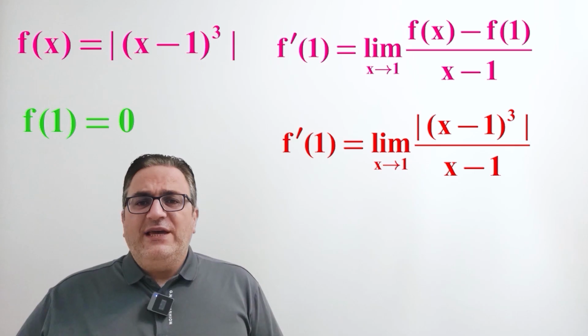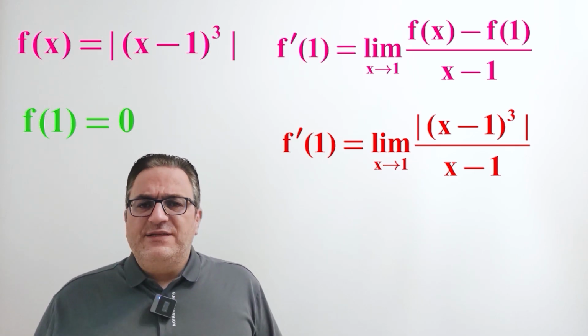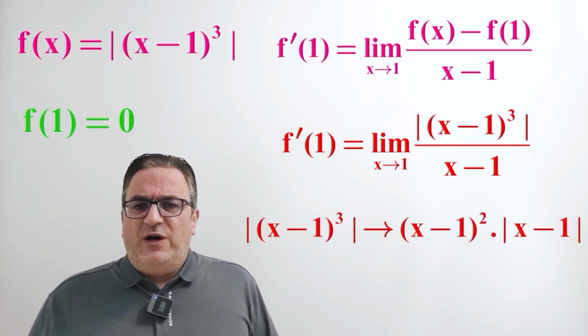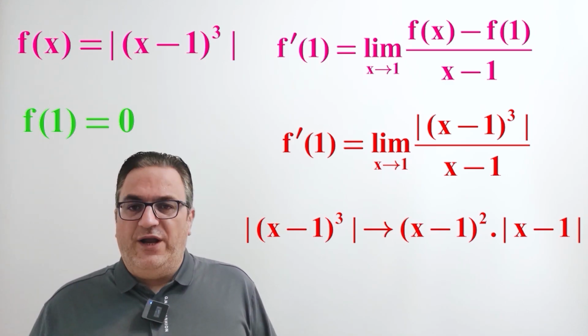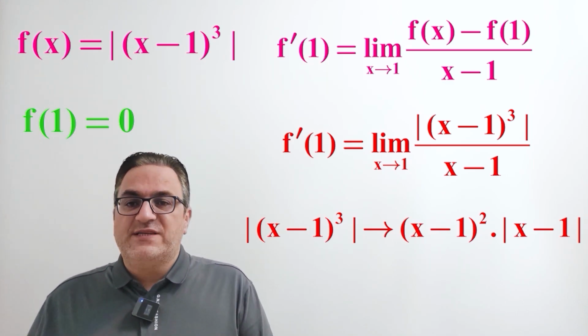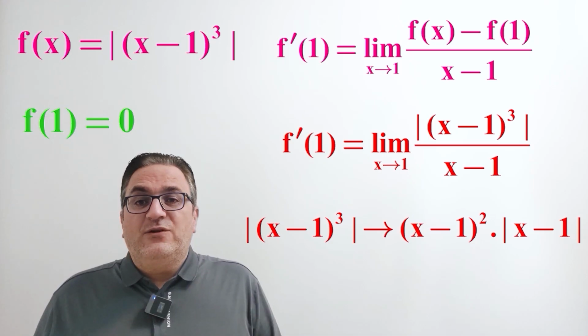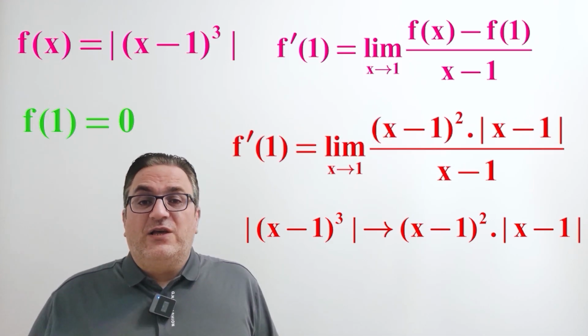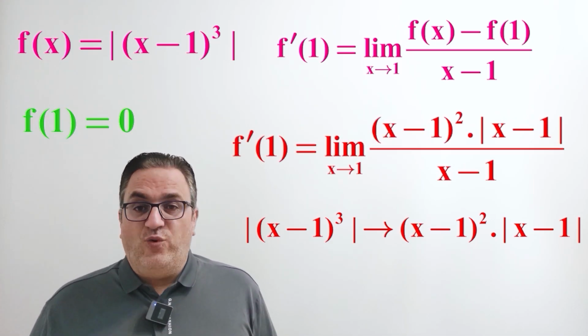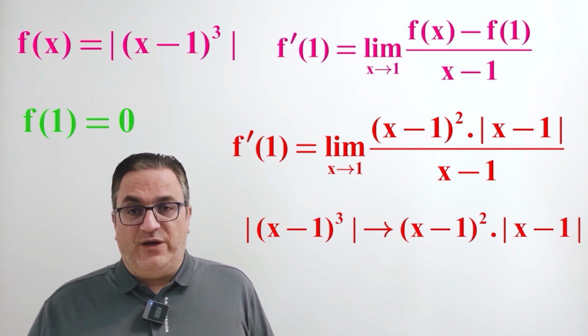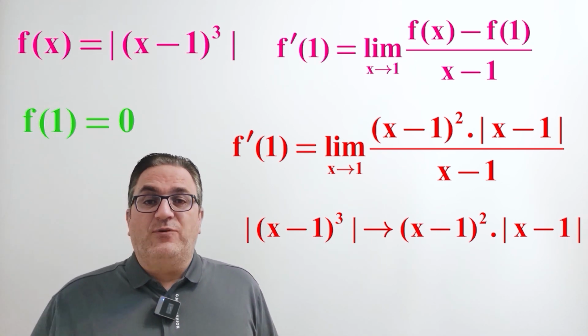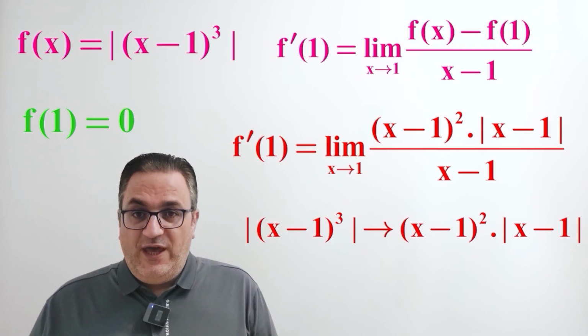Okay? To make it easier, let's break the absolute value of x minus 1 whole cubed into (x minus 1) squared times the absolute value of x minus 1. Now the limit looks like this: the limit of (x minus 1) squared times the absolute value of x minus 1 over (x minus 1) as x approaches 1. Okay?